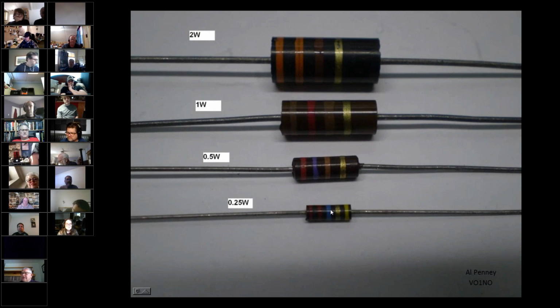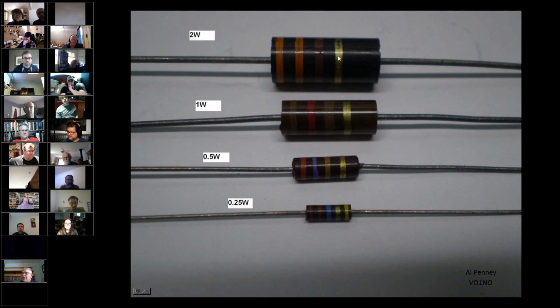Now, I indicated earlier that the bigger the resistor, the more heat it could dissipate. And these are some sizes you'd see in your everyday electronic items. So 1/4 of a watt, 1/2 a watt, 1 watt, 2 watt.